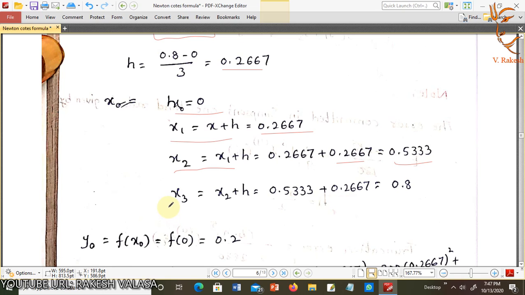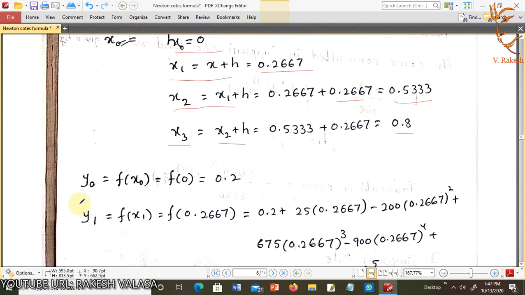Next one is x3. x3 means previous value plus h, that means x2 plus h. Previous value is 0.5333 plus 0.2667 equal to 0.8.